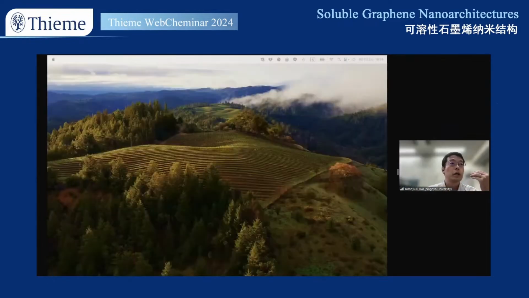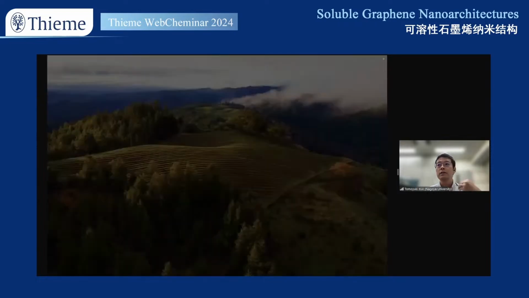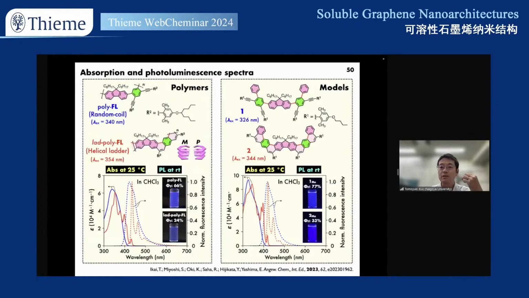Okay, I think this is a good comparison of the monomer, the model molecule, the small molecule, and the polymers. We can see that the UV spectrum is very similar, so the wavelength is almost the same.